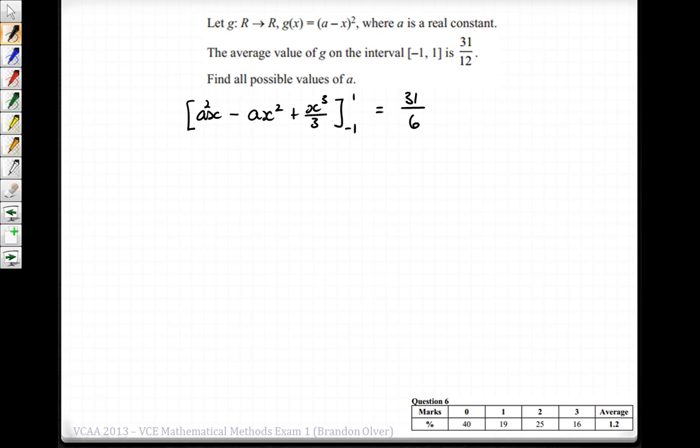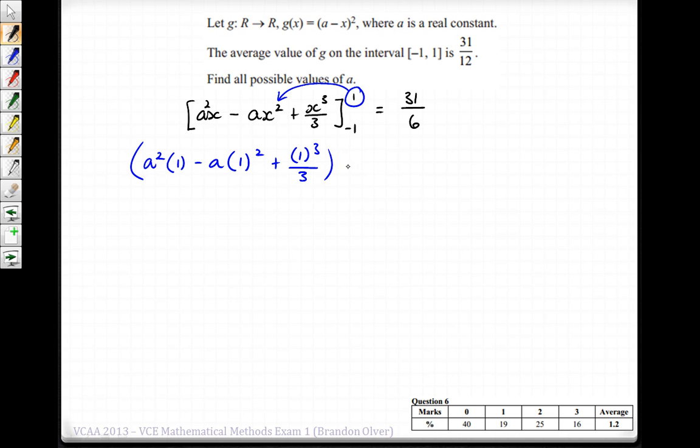And now we've got to unpack this here. So what I'm going to do is substitute in the 1 to this full equation. The first thing I'm going to do in the blue is substitute that into this function. So I'm going to have a squared times 1 minus a times 1 squared plus 1 to the power of 3 over 3.